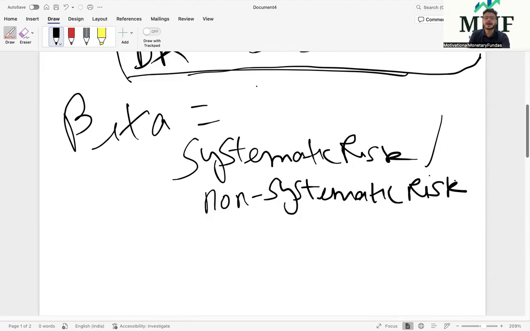Firstly, let's try to understand the non-systematic or unsystematic risk. Unsystematic risk is also called diversifiable risk. It is that risk which you can diversify away by creating a portfolio. Simple logic: during COVID time, if anybody had invested just into hospitality companies, hotel companies, tourism companies, QSR companies, his portfolio would have been completely negative.